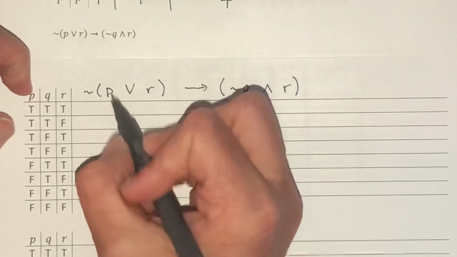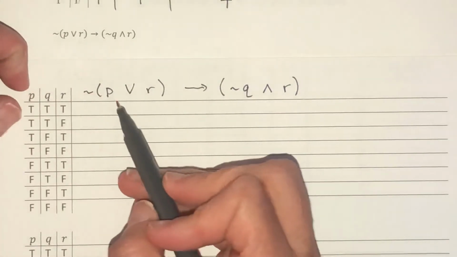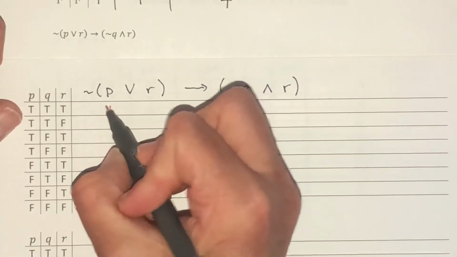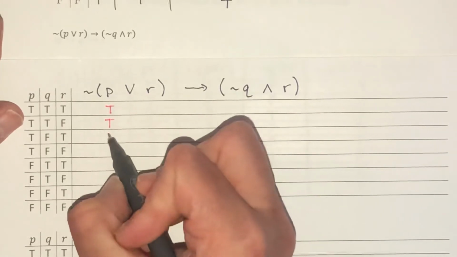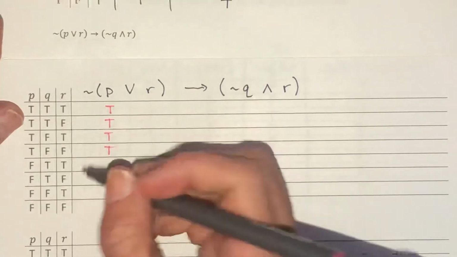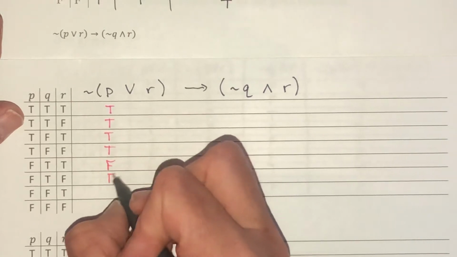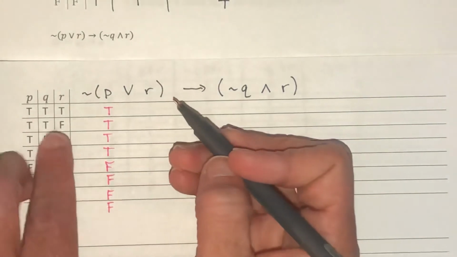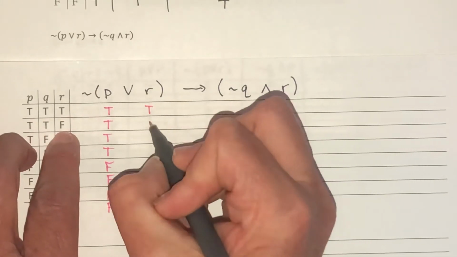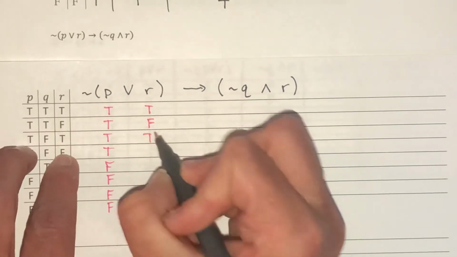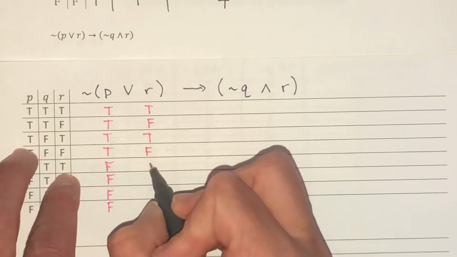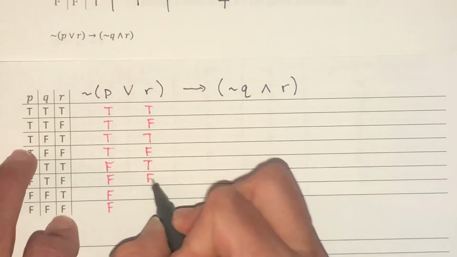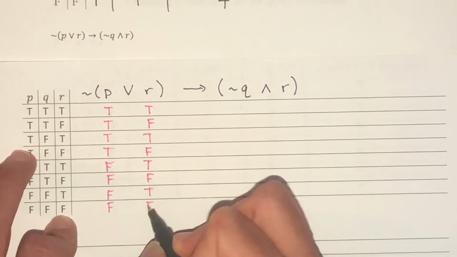So not P, well, the not is on the outside, so just P is true, true, true, true, false, false, false, and false. My R value is true, false, true, false, true, false, true, and false.